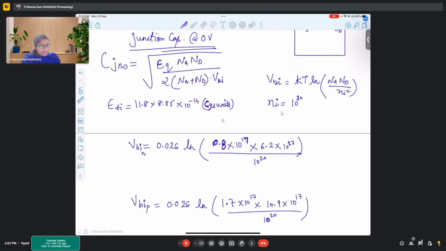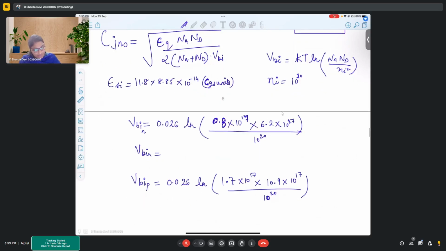So what is the value of VBIN that we find out, and what is the value of VBIP from these formulas?